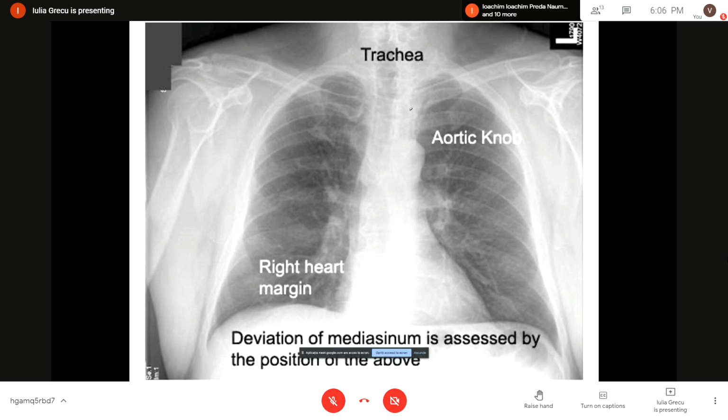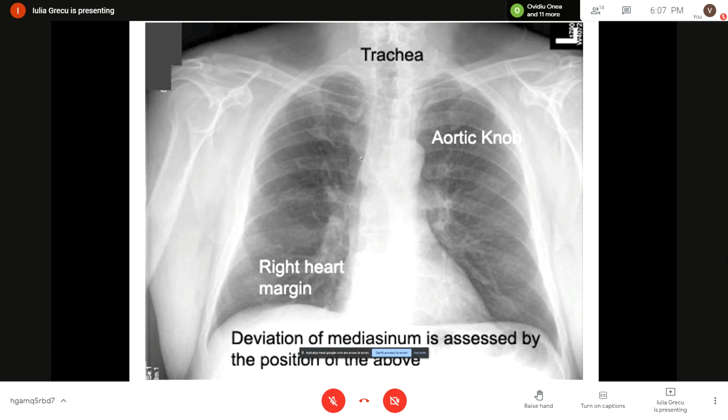Another thing that we have to keep in mind is that the normal position of these structures, the trachea on the midline, the aortic notch on the left side, the right atrium, and the center position of the heart, is a thing that we use to assess the normal position of the mediastinum.